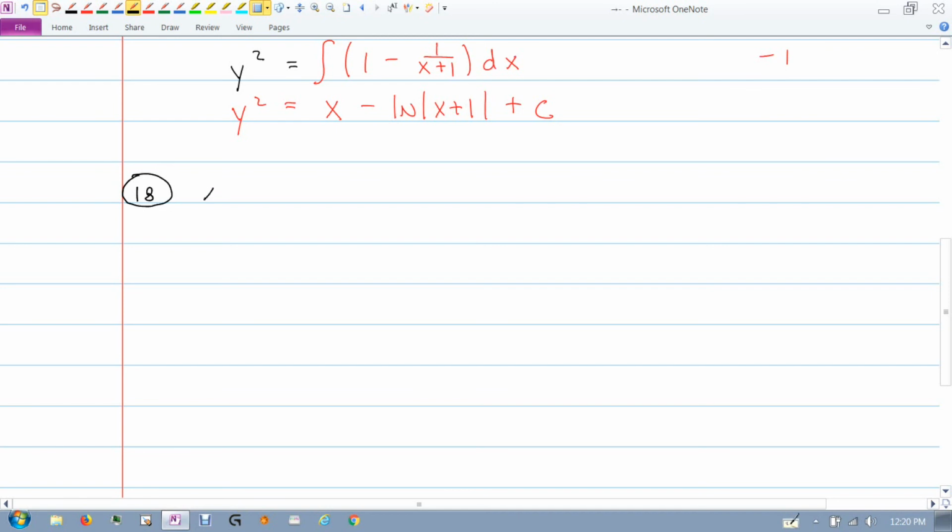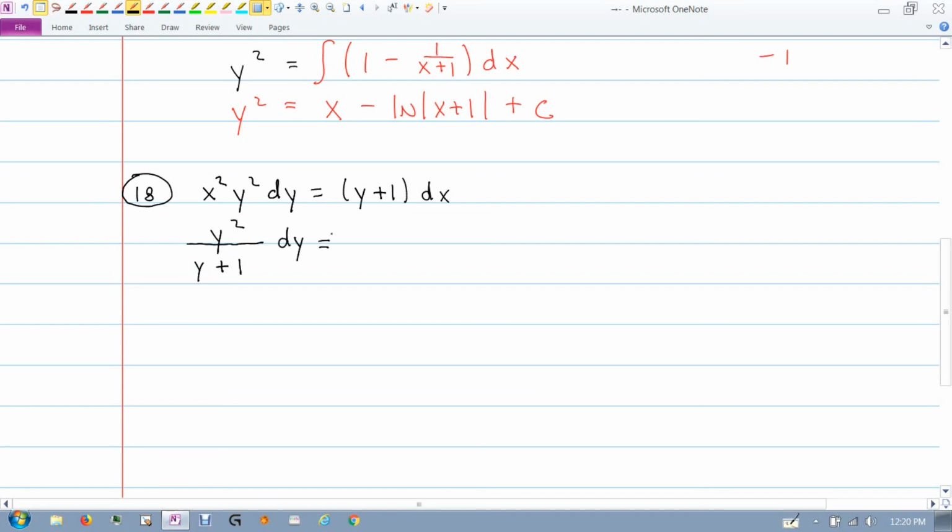x squared y squared dy equals y plus 1 dx. All right. Looks like all we're doing here is getting into some different sorts of integration.